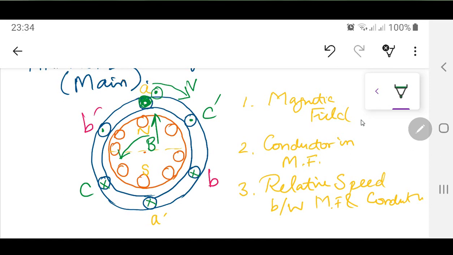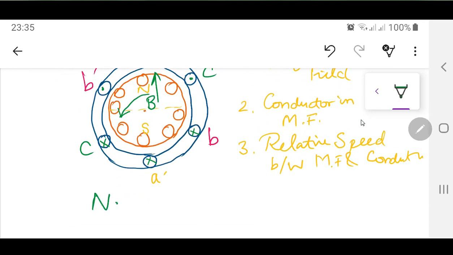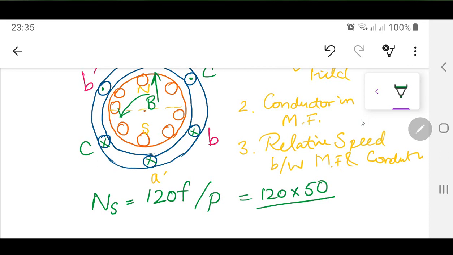Now, if we talk about this one, this is very easy. Nothing changed over here. In induction motor, if you remember it, you were applying a 3-phase supply to your stator, and you were getting a revolving magnetic field. This time, you are giving a magnetic field to the rotor, and that rotor is going to rotate with a speed that is certainly going to be fixed, because if you remember, the formula was Ns equal to 120 F by P. Now in this formula, you plugged in the frequency of 50 Hertz, a 50 Hertz supply, which is standard in Pakistan.